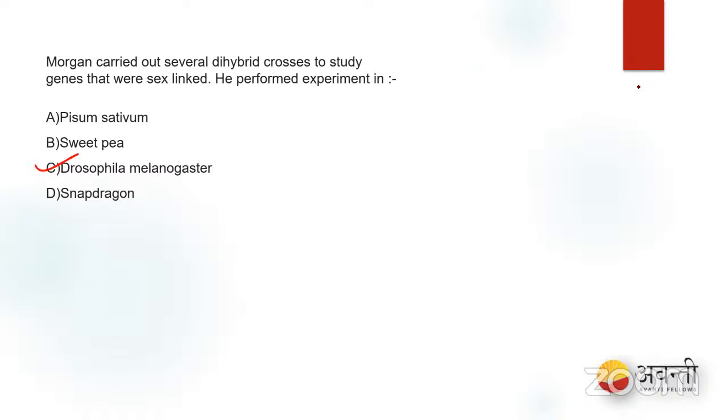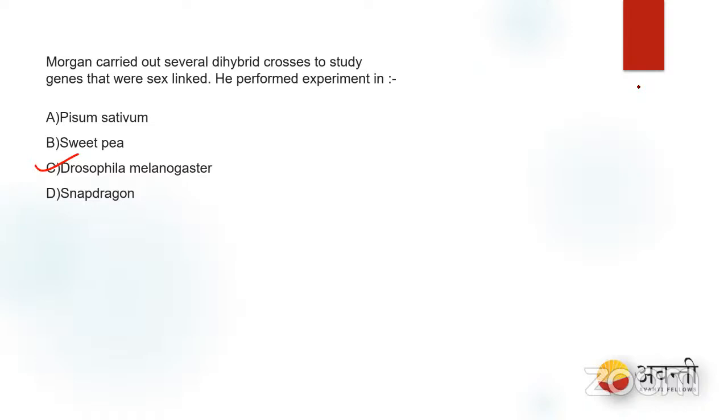First of all, when we take a look at Morgan's experiment, initially he takes two characteristics like eye color and body color, and eye color and wing shape, and he compares them to the Mendelian ratios, and the Mendelian as well as the Morgan ratios do not match.